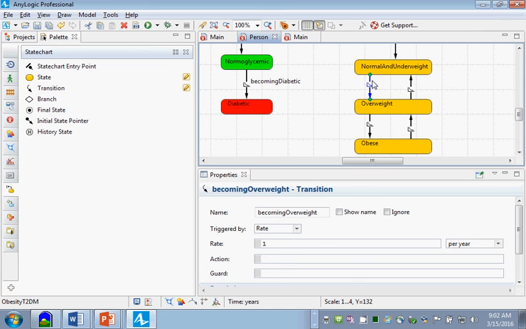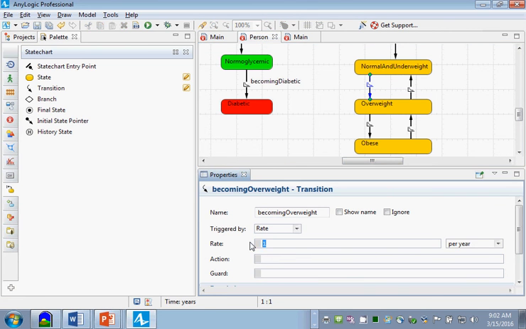So for normal and underweight to overweight, I would like to specify a per year hazard of 0.05. Now in general we'd specify these with parameters, and we might even specify those parameters in main, but 0.05.